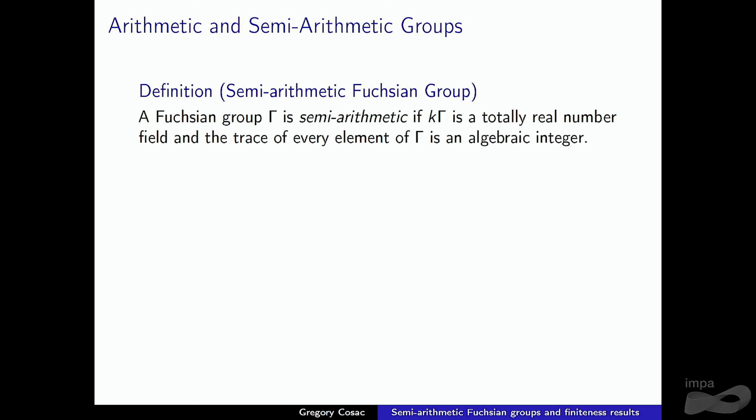Now let me just recall a couple of concepts from Galois theory. A number field is just a finite algebraic extension of Q. You can think of Q adjoin square root of 2.